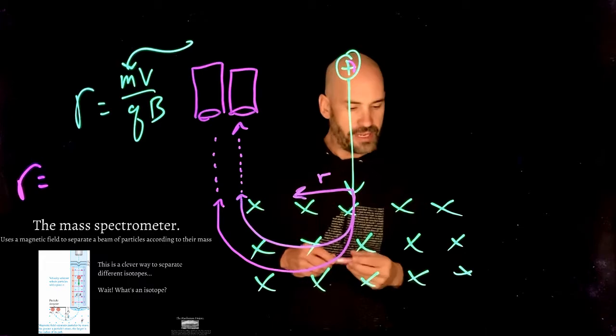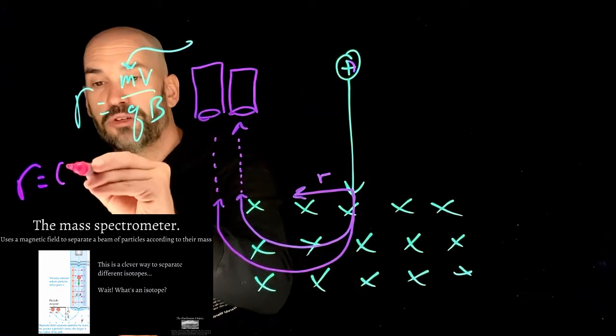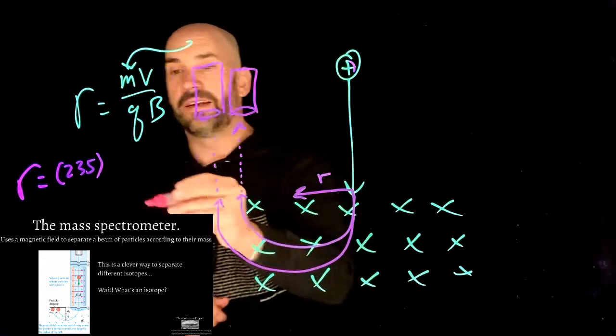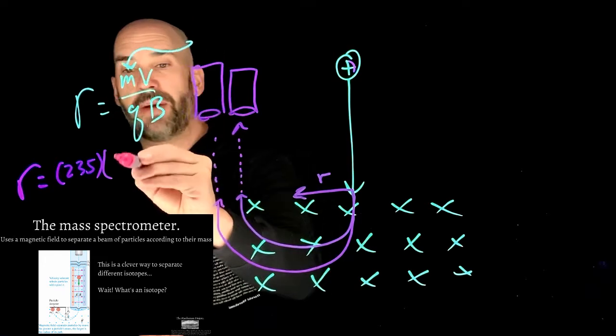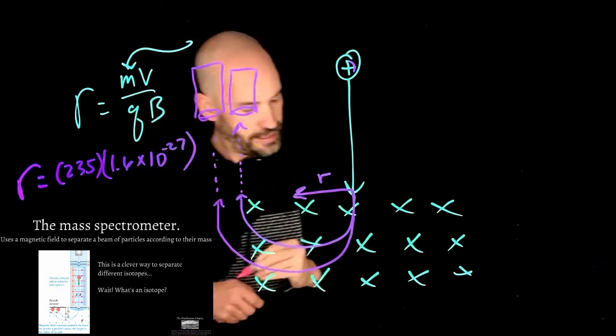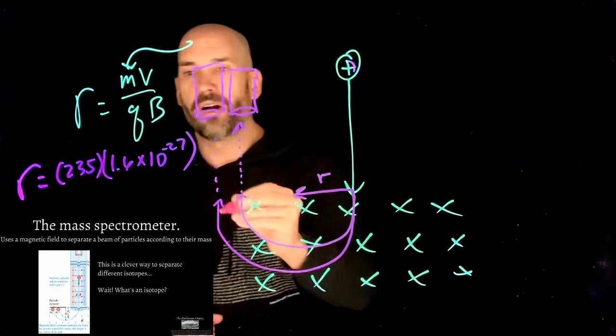We're talking about uranium atoms, right? So uranium, it's 235. So there's going to be 235 protons and neutrons, all right? And they each have a mass of 1.6 times 10 to the minus 27 kilograms, right? And we are firing them at 400,000.